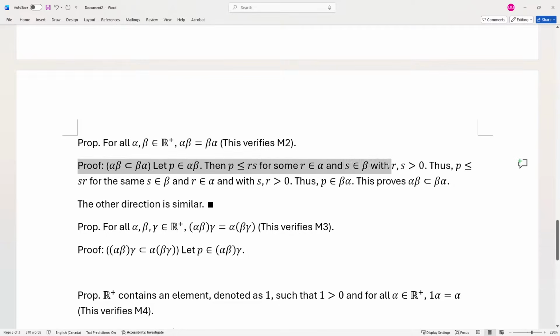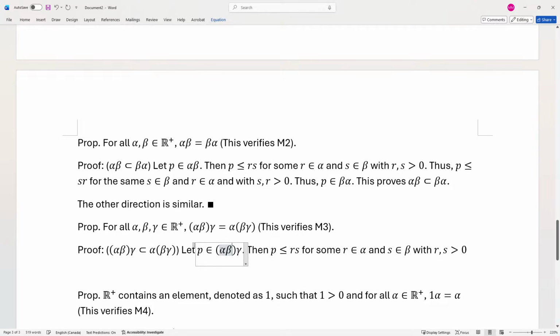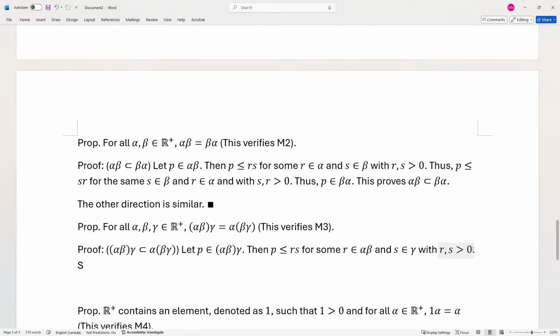Then there exists r times s, where r comes from alpha times beta and s comes from gamma, with r and s positive. Since r comes from alpha times beta, you can unpack this even further. R is less than or equal to what?